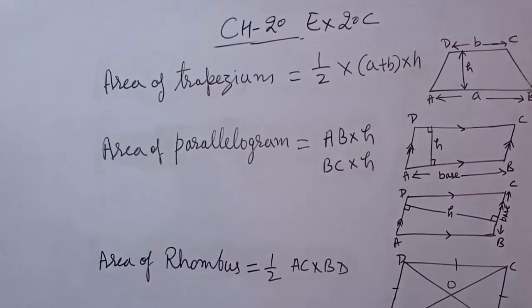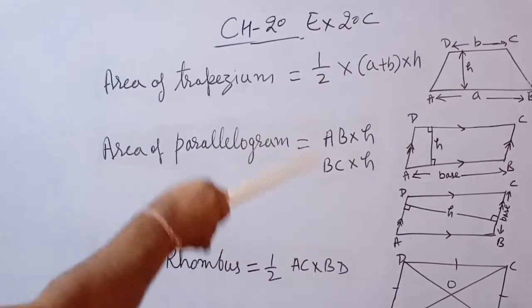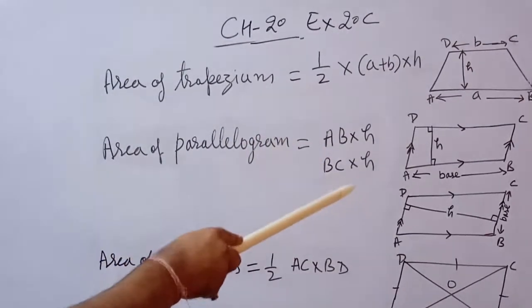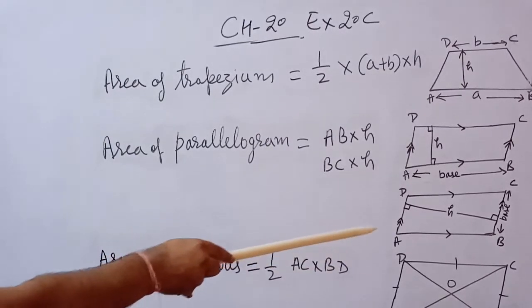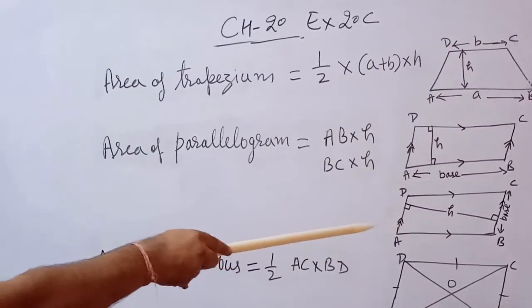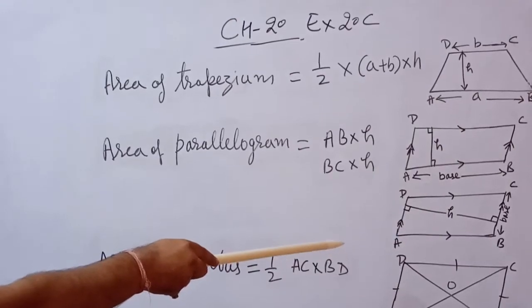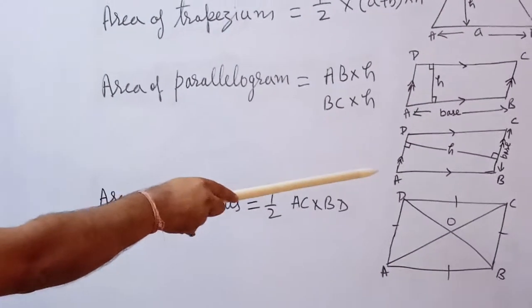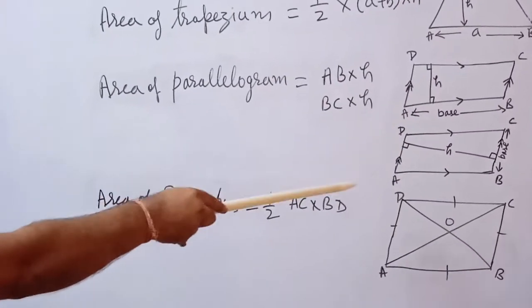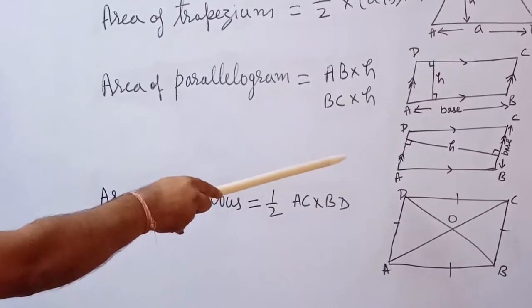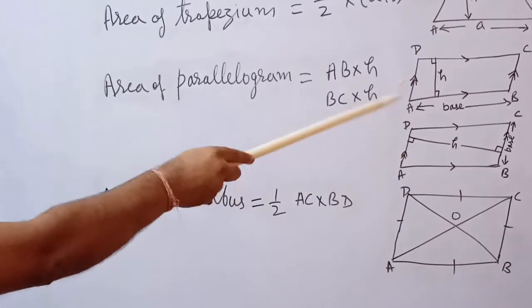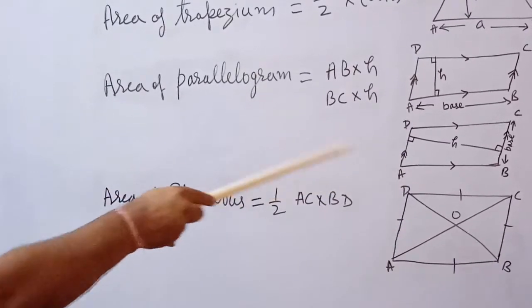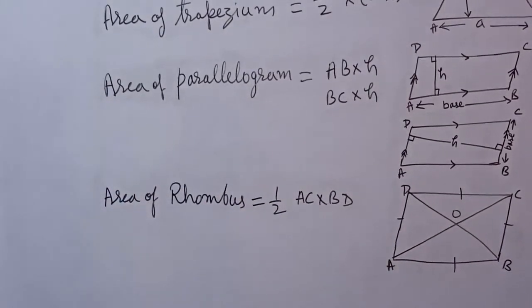Height is the perpendicular distance between CD and AB. In the next, the base is BC, and H is the perpendicular distance between BC and AD.